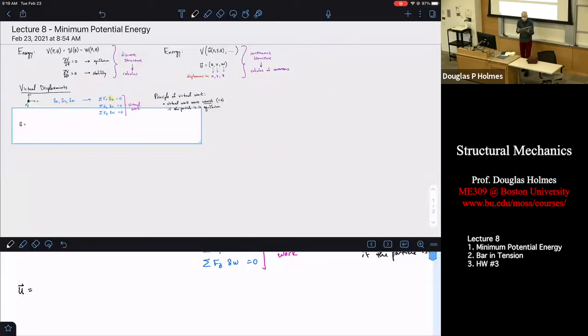More carefully, what we would actually say is that there is the true displacement, we'll call it u naught. This is the actual thing. We're going to add to that some arbitrary function.